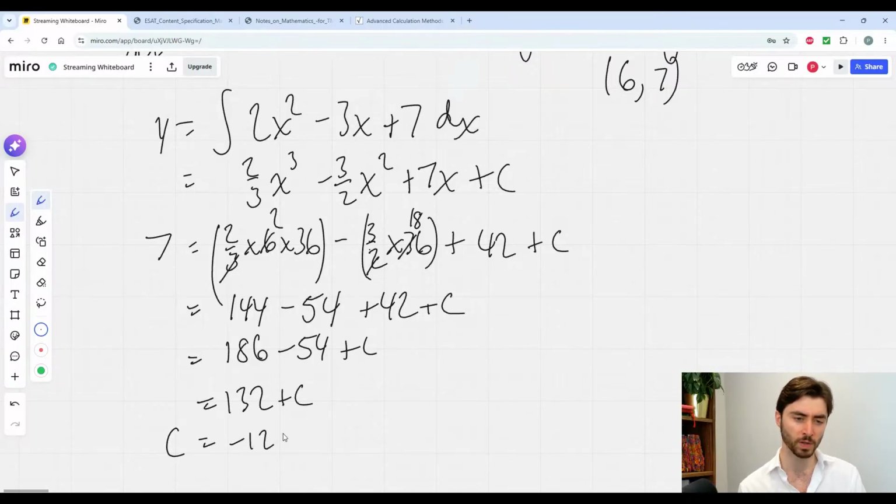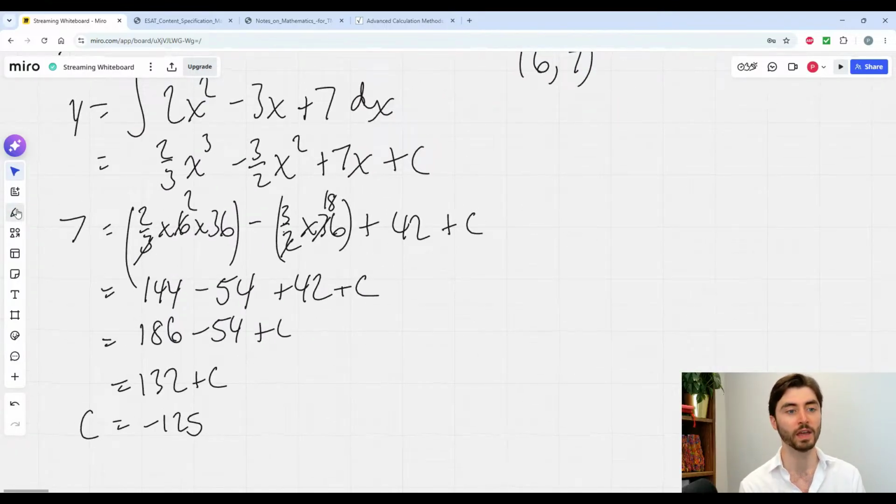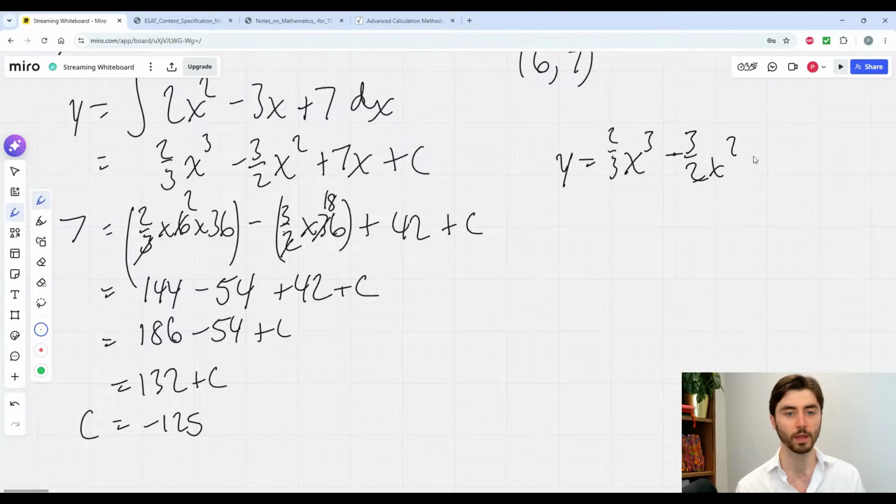So c is minus 125. So you use your boundary conditions to work out your constant and then plug that back in. Therefore, the solution is y is 2/3 x cubed minus 3/2 x squared plus 7x minus 125.